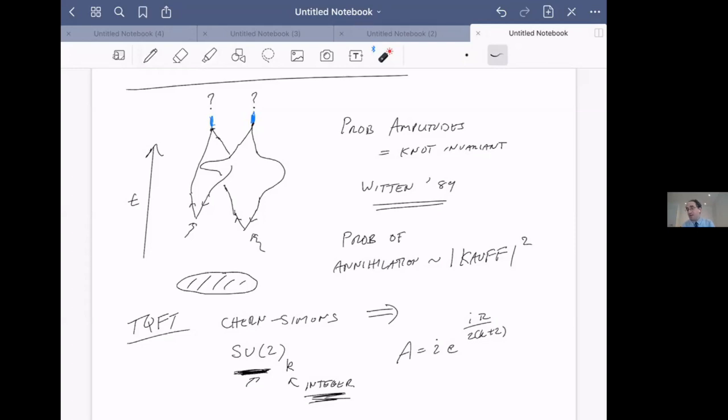So in some ways, it's the only possible result once you know that the outcome of your measurements has to be dependent only on topology. But it certainly isn't obvious, and it isn't true for most systems. It's very special to topological systems.